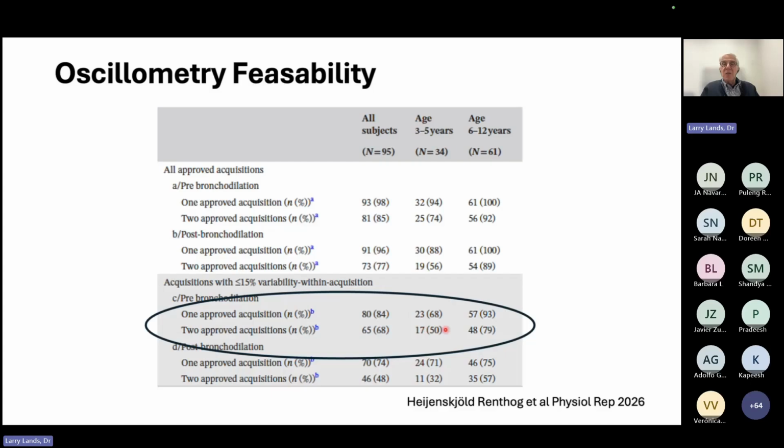In the under 5-year-old, the 3 to 5-year-old range, it can be more variable, but you can still generally get a pretty good measure by doing 2, preferably 3. It is fairly reproducible with your technicians or yourself getting properly trained in technique and coaching. You can really get measurements, even in young children as young as the age of 3.